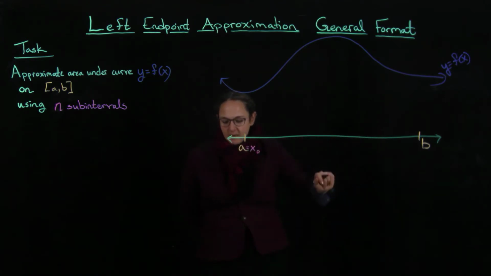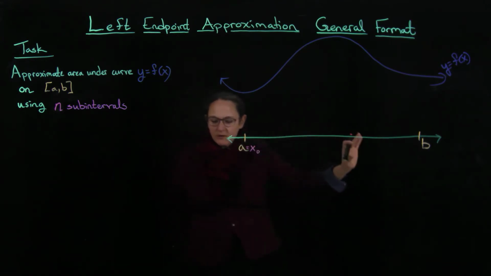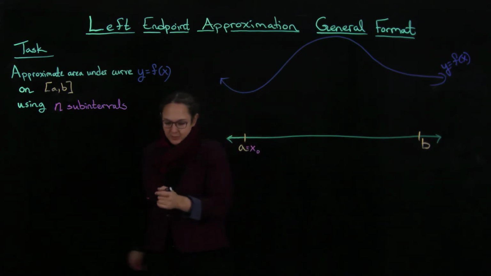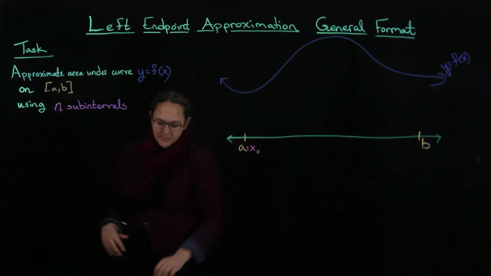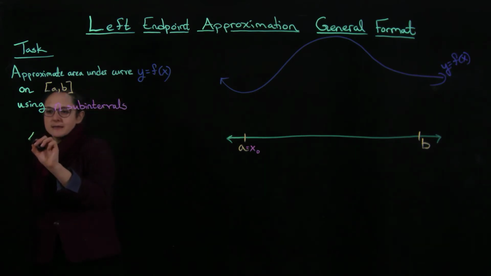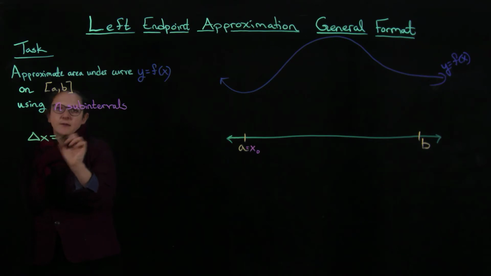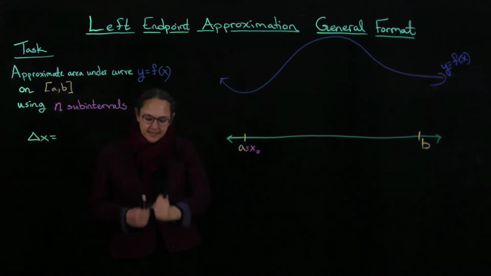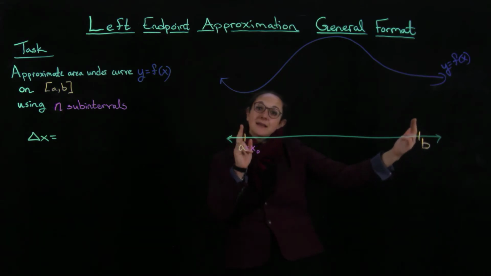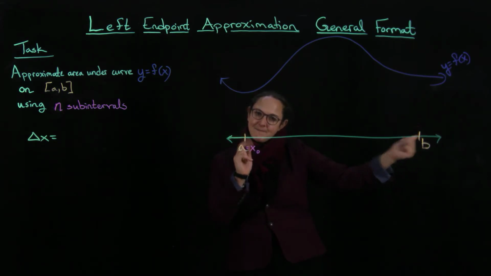And I need to figure out how far spaced apart these are. Well, I can do the exact same thing that I did in the last portion. My delta x, how am I going to figure that out? Well, just like I did in the last video, I know that this length here is b minus a.